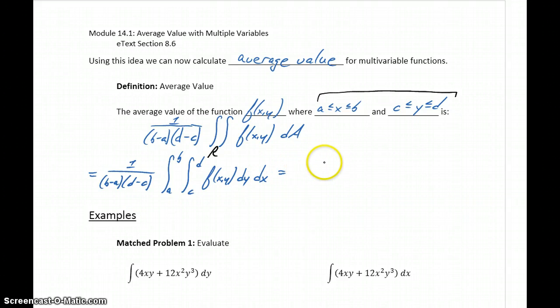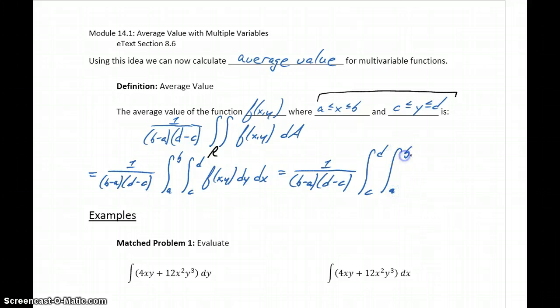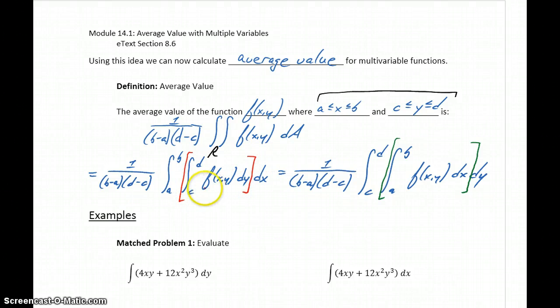Or we could flip this around and first have the integral from c to d, then the integral from a to b of f of x y dx dy. In each of these cases, all we're doing is changing which variable we integrate with respect to first, whether that's x or y. As long as we keep those bounds of integration tied to the right variable, a and b with x, c and d with y, these two results will come out to be exactly identical.